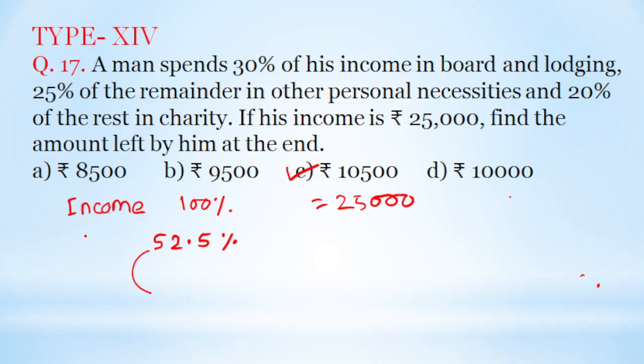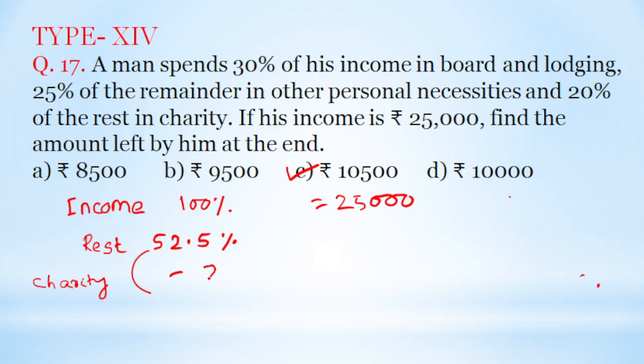Now here the rest is 52.5% and that man spends 20% of the rest on charity. As the man spends this amount on charity, it will be deducted.